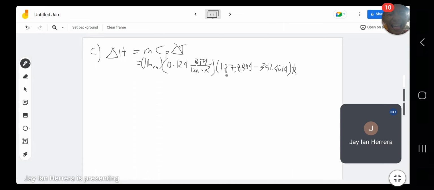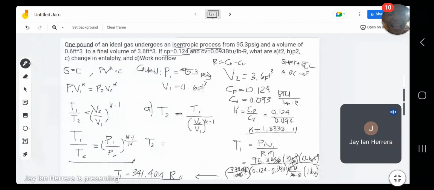Obviously, mag-negative yung ating delta heat or delta enthalpy. So ilan yan? Please solve.